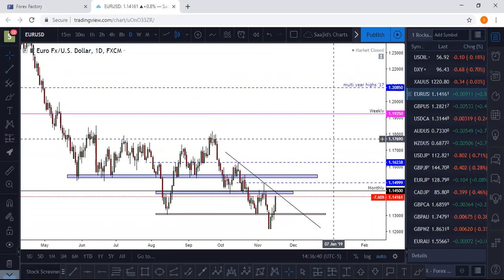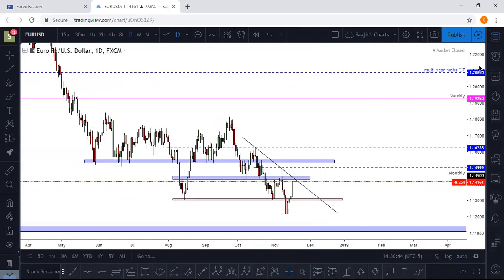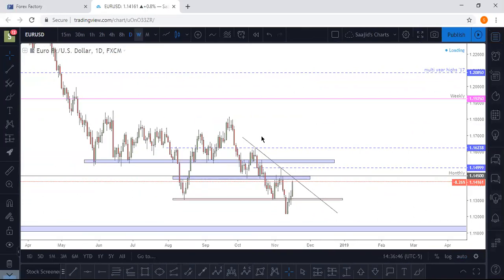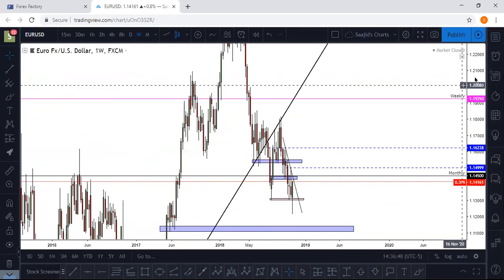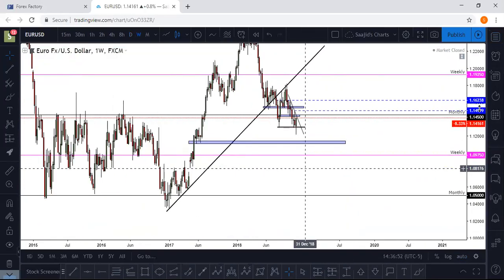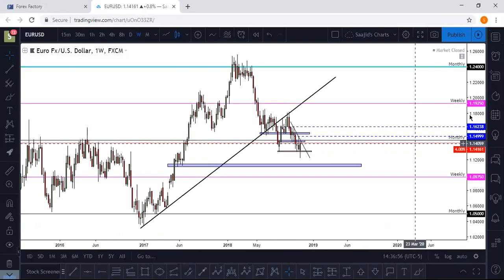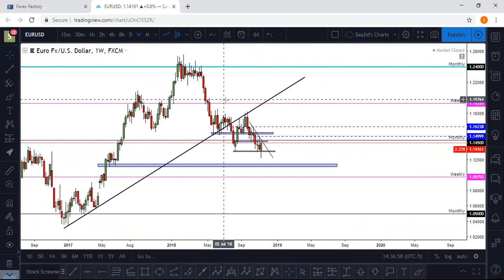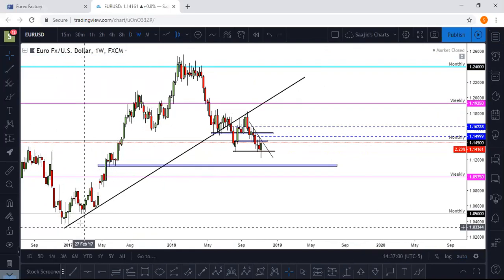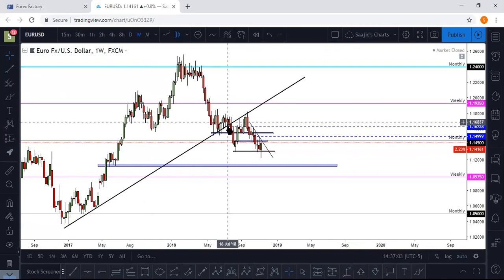Yeah, I really like the euro right now because if you go on the weekly chart, I don't want to be too complicated for anyone, but this is how I trade. I just talk to myself when I trade them as well. You can see the market had an uptrend. There's a head and shoulders pattern here.